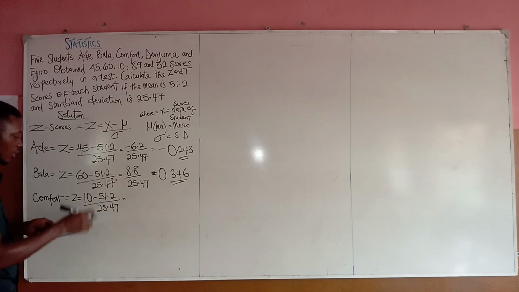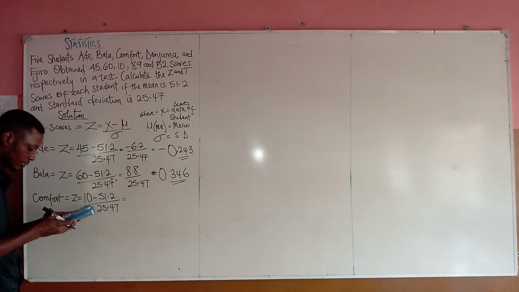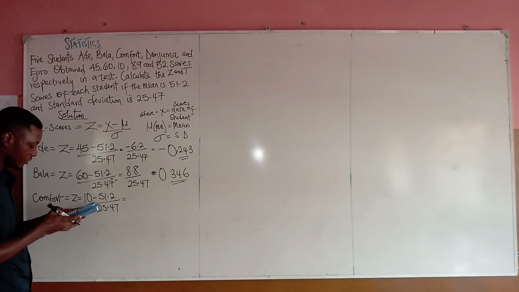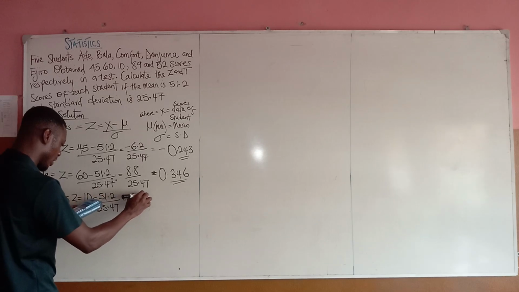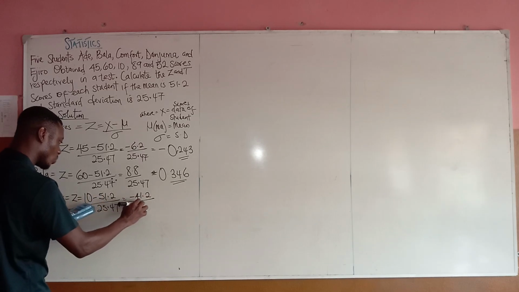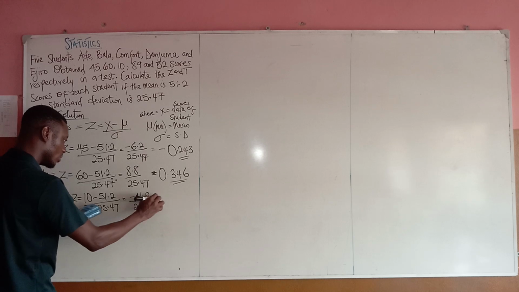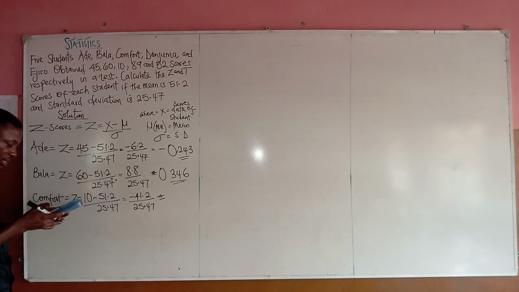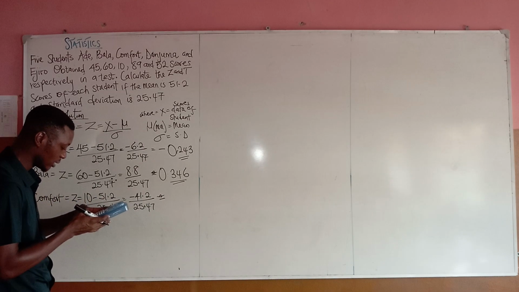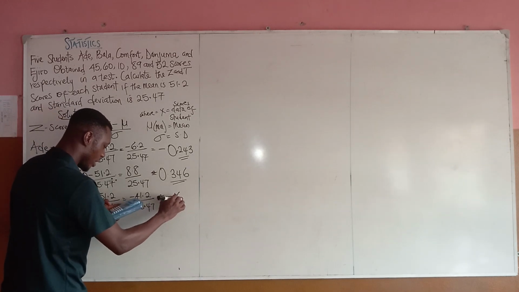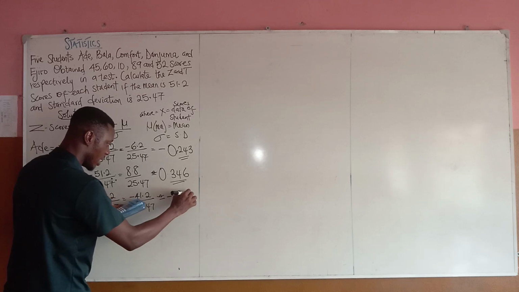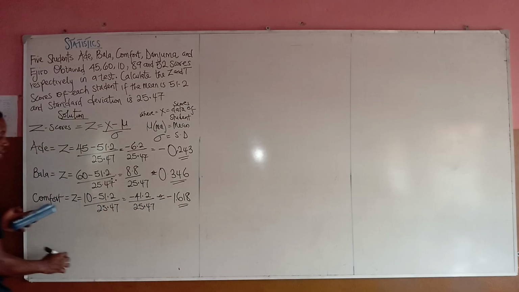Now we have 10 minus 51.2, that will give me minus 41.2 divided by 25.47. Approximately, we are doing that to 3 decimal places, that will give me minus 1.618 approximately to 3 decimal places.